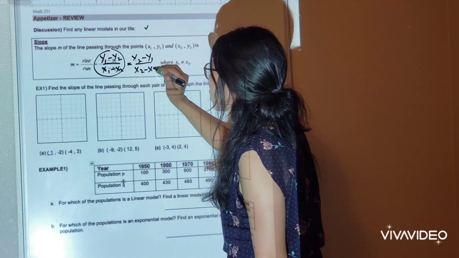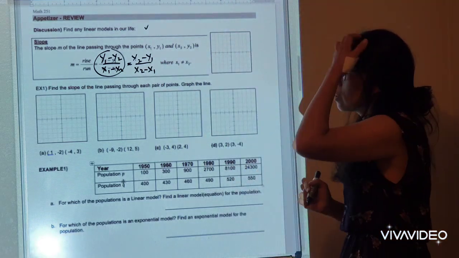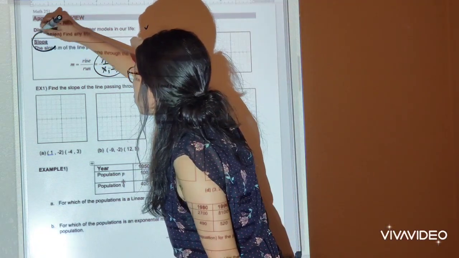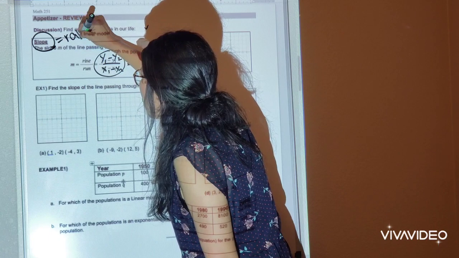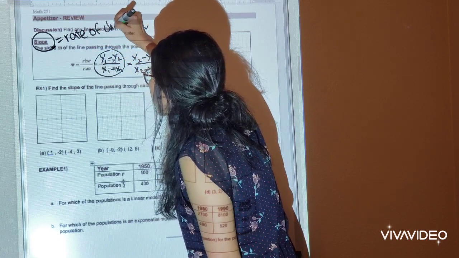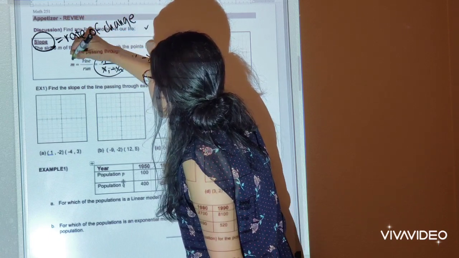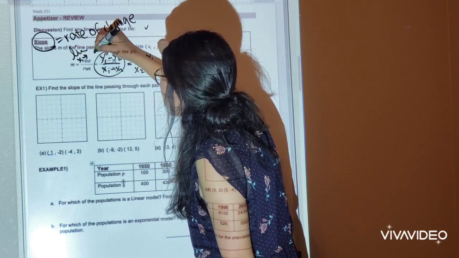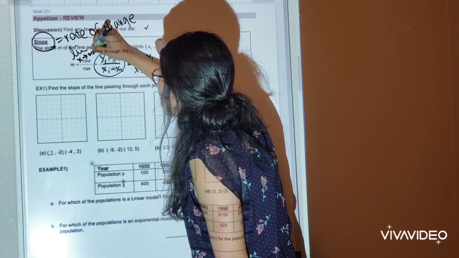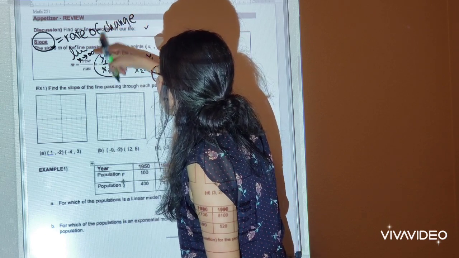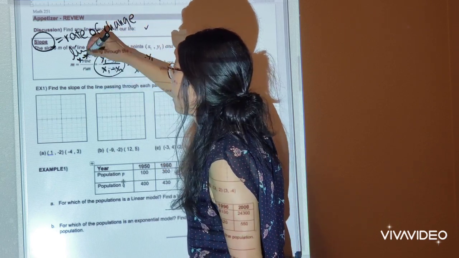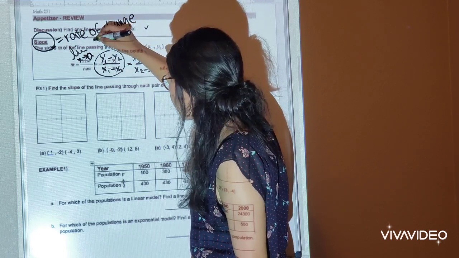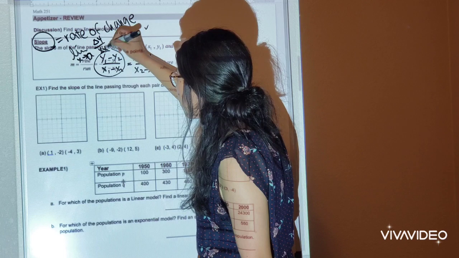So rise over run is our slope, and that is going to be our rate of change. And when we send the rate of change to the limit, as x approaches a certain point A, we are going to see that it actually becomes our derivative.